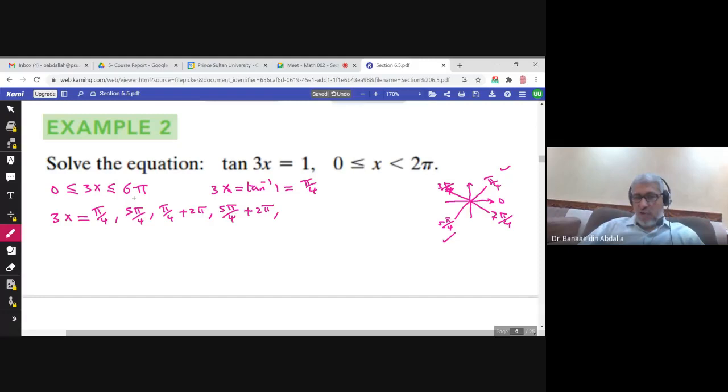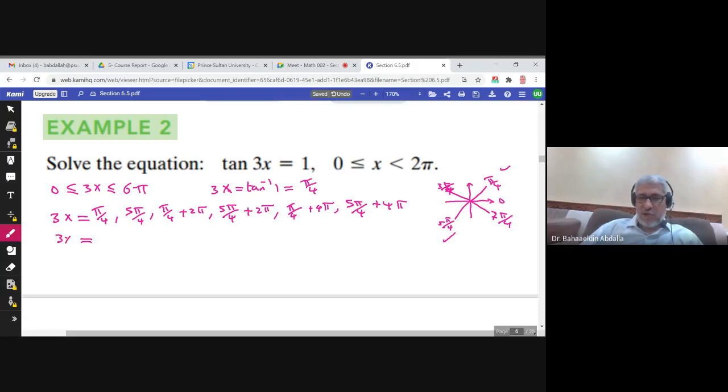We need to go also to the third revolution. So I add another 2 pi. So pi over 4 plus 4 pi would be a solution. And 5 pi over 4 plus 4 pi. So these are the values.